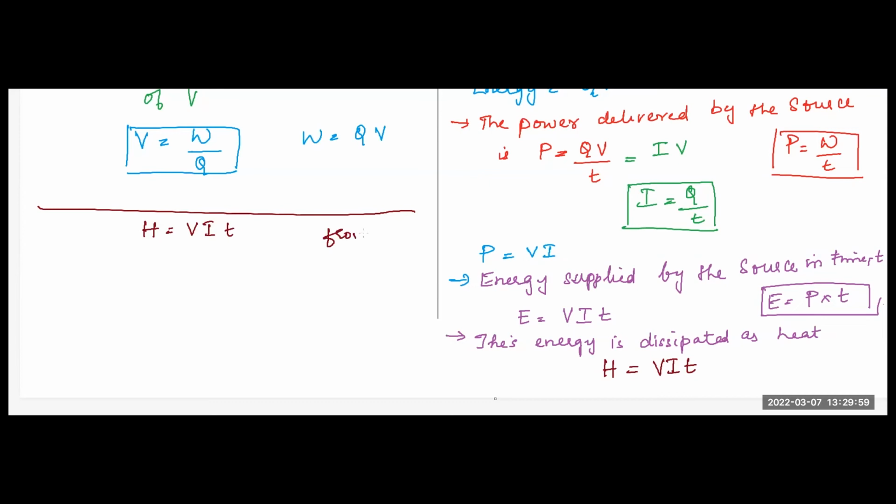So from Ohm's law, V is equal to I into R. Substituting for this V in this equation, we have H is equal to I R into I t, or H is equal to I squared R t. So thus we got a relation for heat generated, heat dissipated in a resistance.